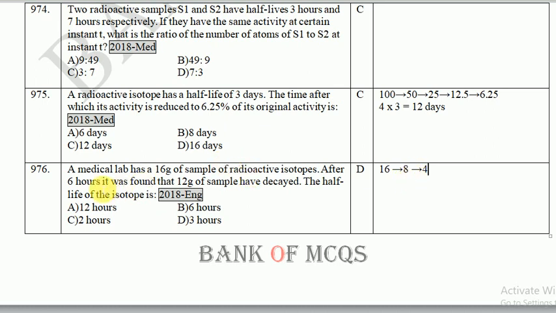So the half-life is 6 hours, so 12 hours is the total time, and option A is correct. After 2 half-lives, the leftover is 4 gram, while the decayed substance is 12 gram.